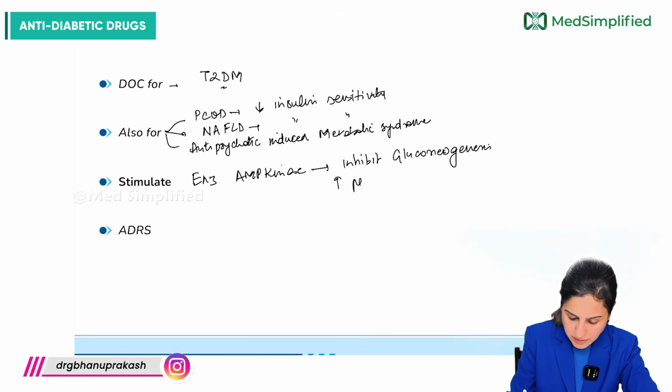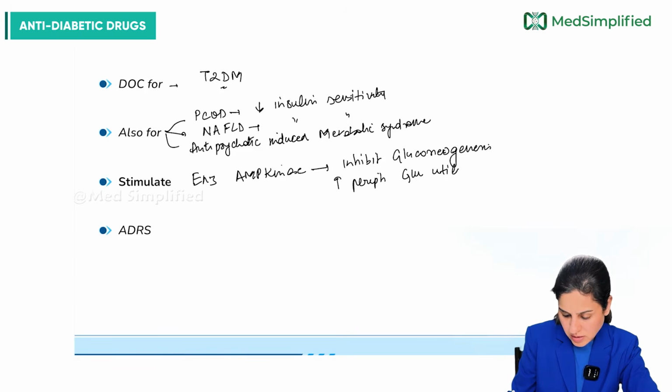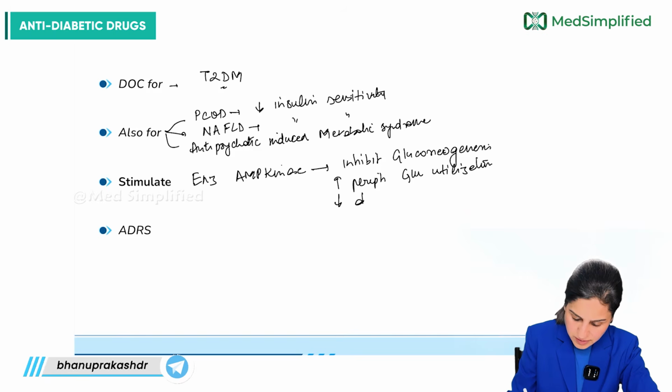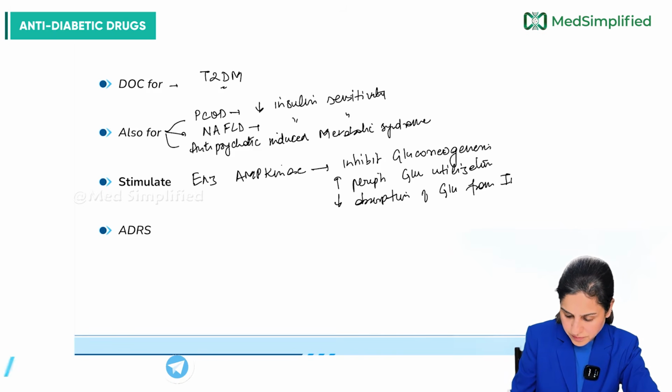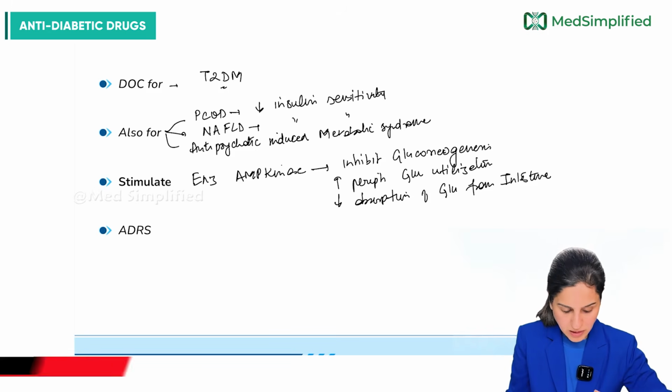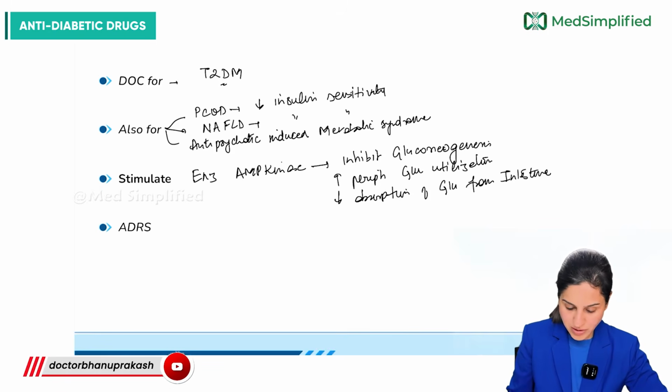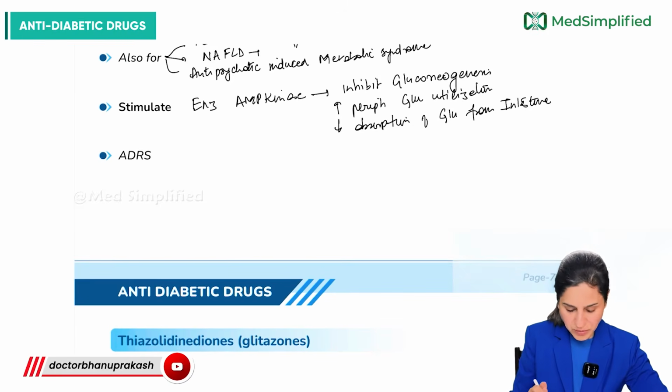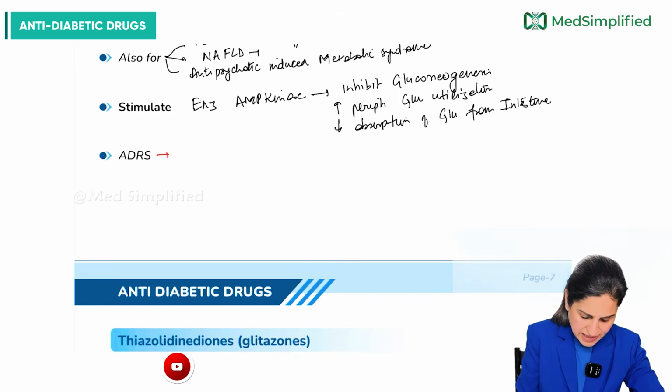Also, it increases peripheral glucose utilization, and it decreases the absorption of glucose from the intestine. So these are the main roles of metformin, how it works. The most common adverse effects seen with metformin are GIT adverse effects, like diarrhea, which is the most common.